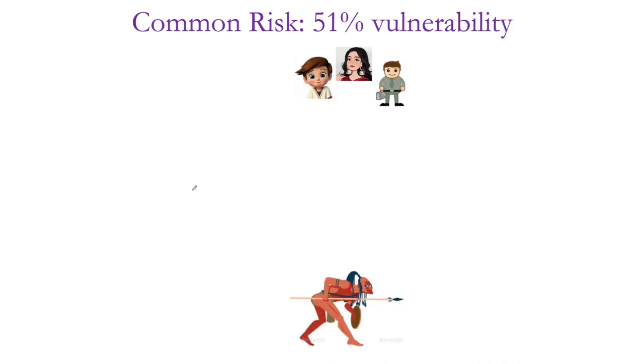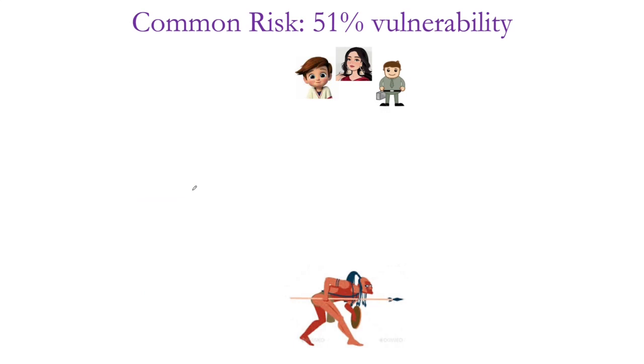The first one is your 51% vulnerability. As we all know, the blockchain relies on the distributed consensus mechanism to establish mutual trust among the miners. The consensus mechanism itself has a 51% vulnerability, which can be exploited by attackers to control the entire blockchain.